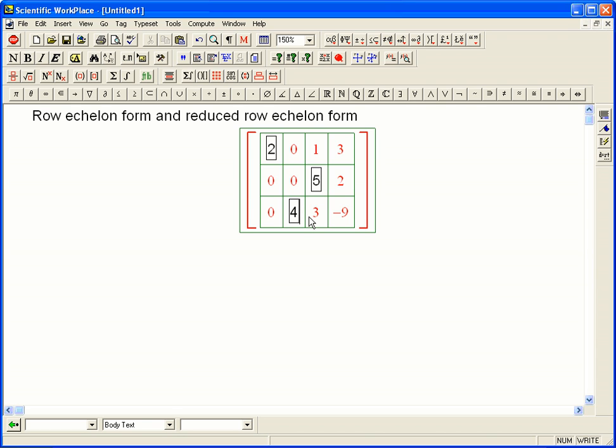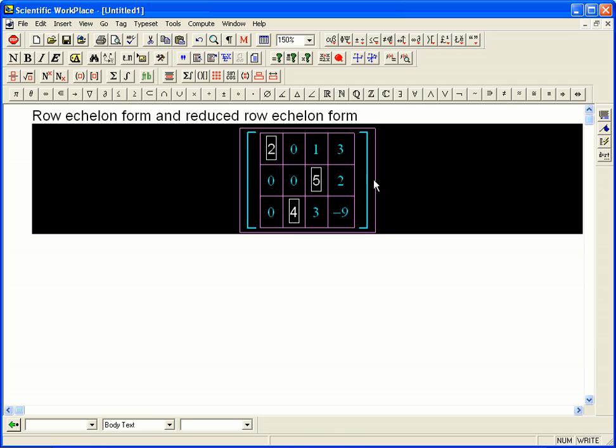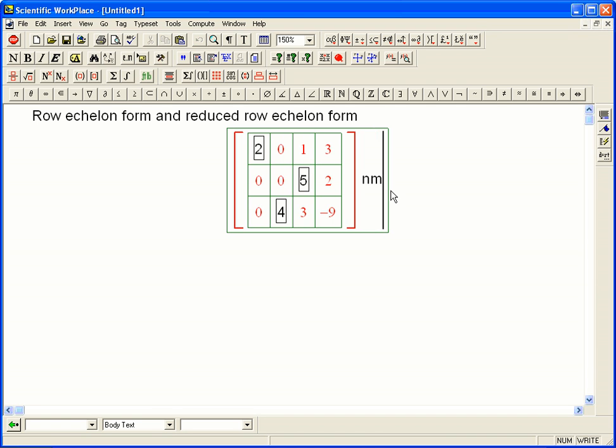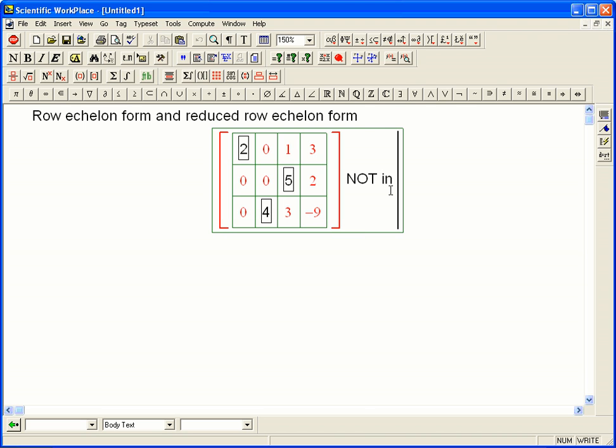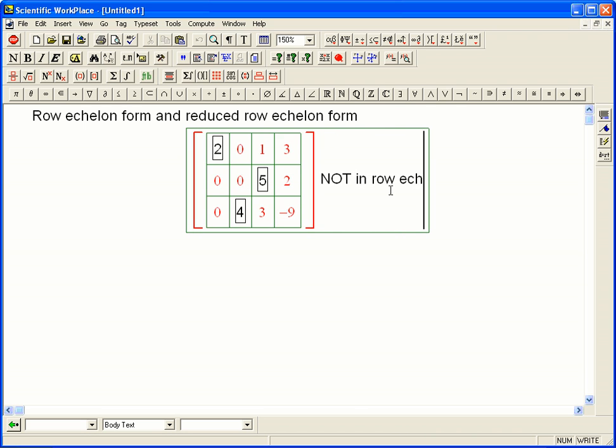And then you ask, how do they sit in their columns? Do they go from left to right as we go down the rows? And the answer is no here. So this is not in row echelon form.